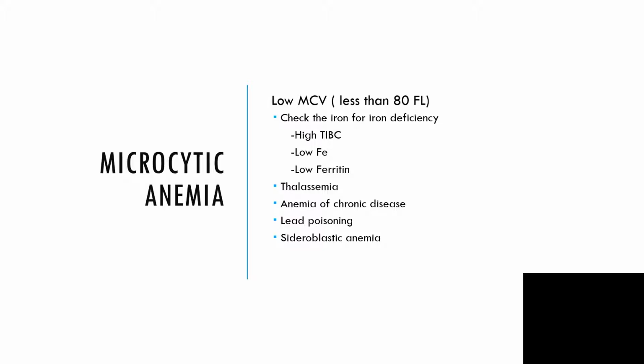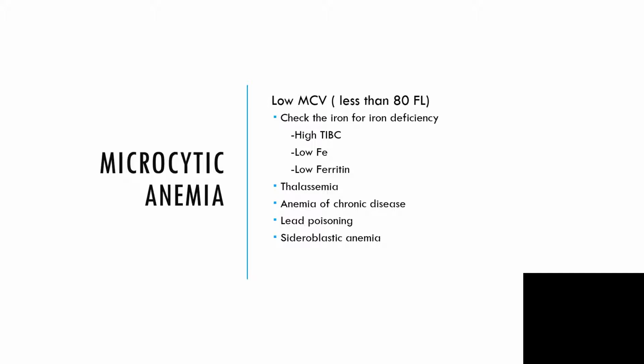But if that is not the case, we'll look for other possible causes. Could it be thalassemia? Is this person from the Middle East or Mediterranean? And what is the genetic history here, the family history? We'll check that out. Anemia of chronic disease: we need to rule out long-term disease in this individual.